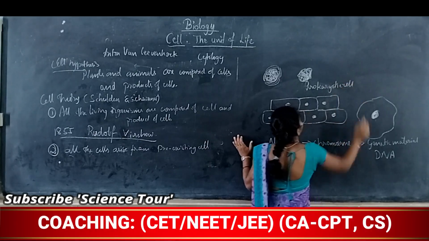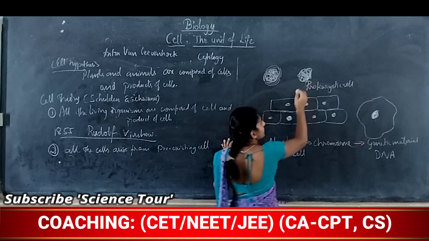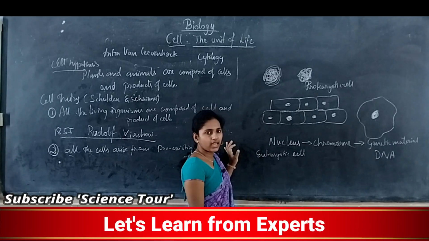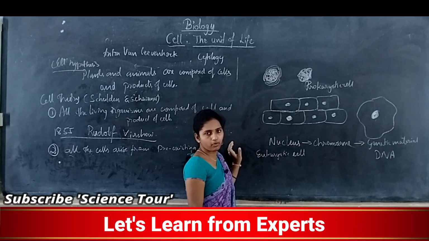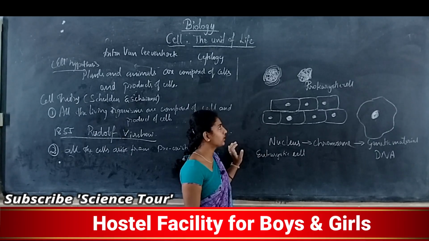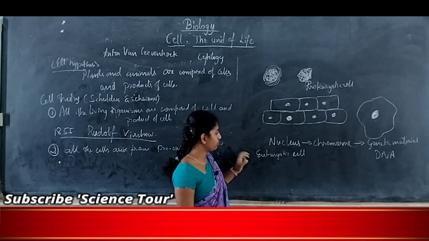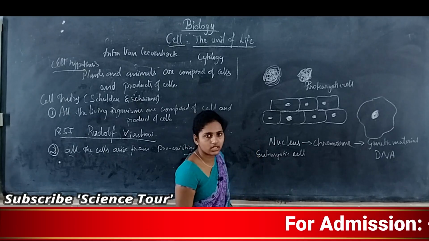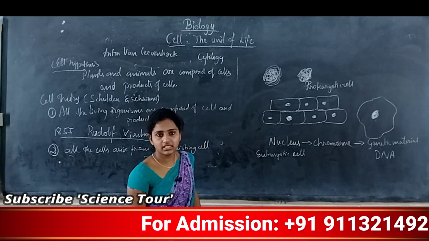It is a primitive type of cell where the nucleus is not covered by a membrane. That is the main difference between eukaryotes and prokaryotes. I have mentioned this in the previous classes.